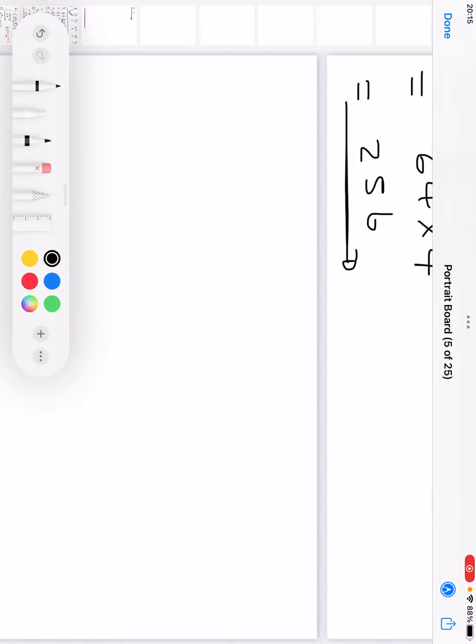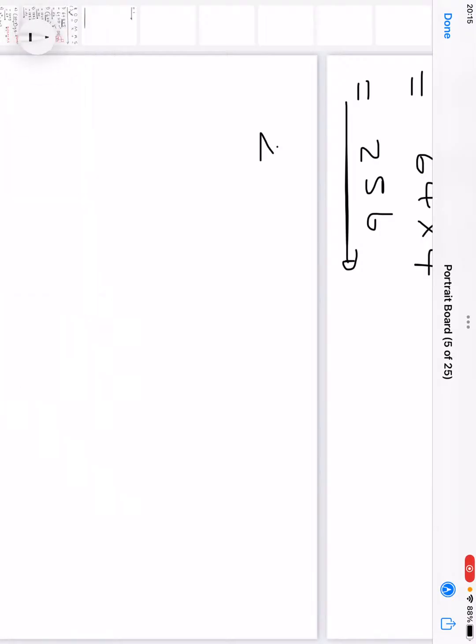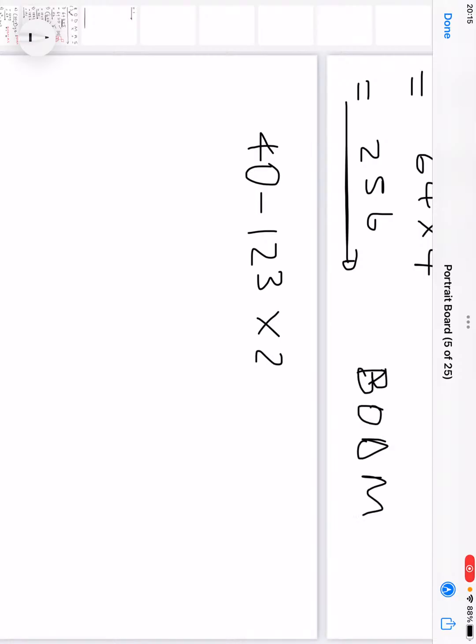Maybe let's look at this next example where we have, let's say, 40, we minus 1, 2, 3, and we multiply it by 2. For me, it will only make sense when I write BODMAS, because I will look at it and say I don't have the brackets, I don't have the power there, division I don't have it, multiplication yes I do. So that means it will be 40 minus, then I'll multiply those two.